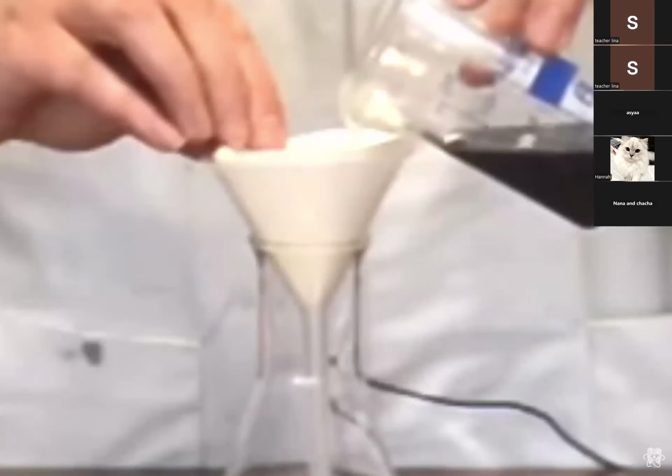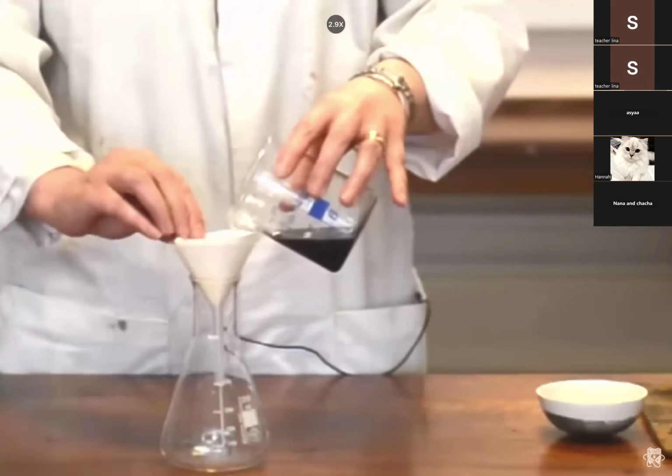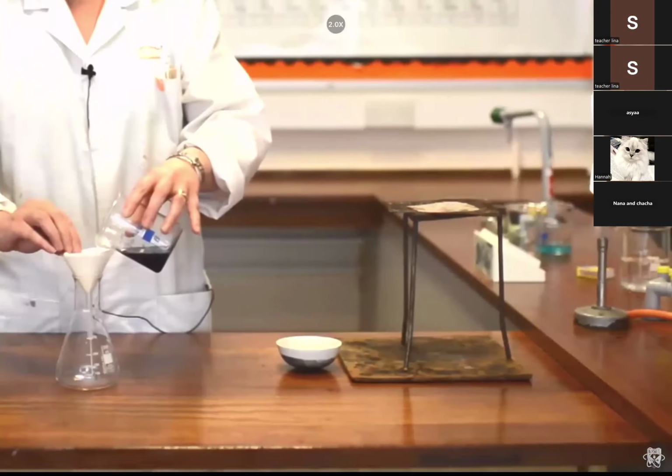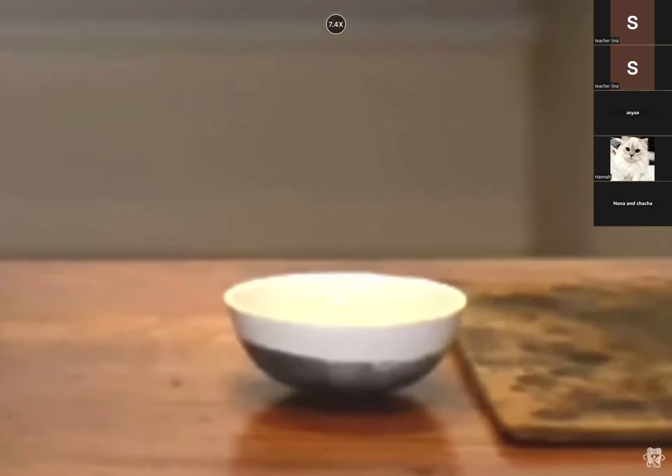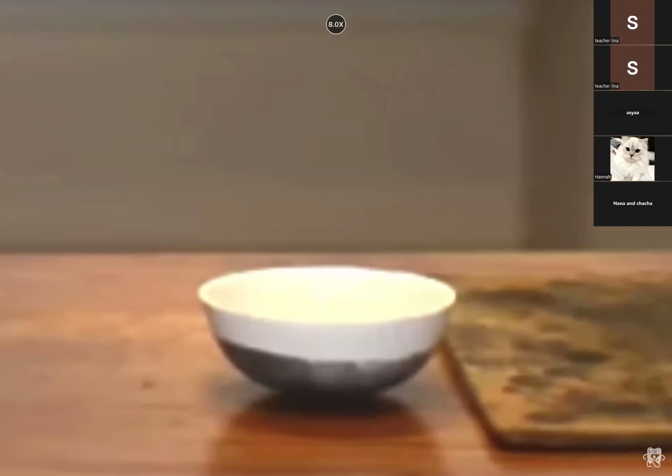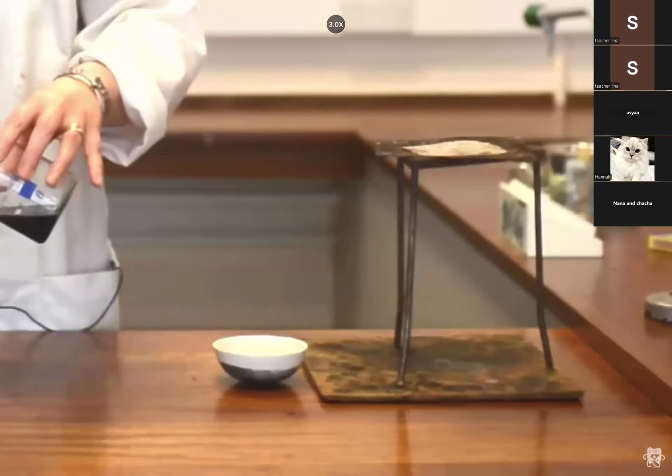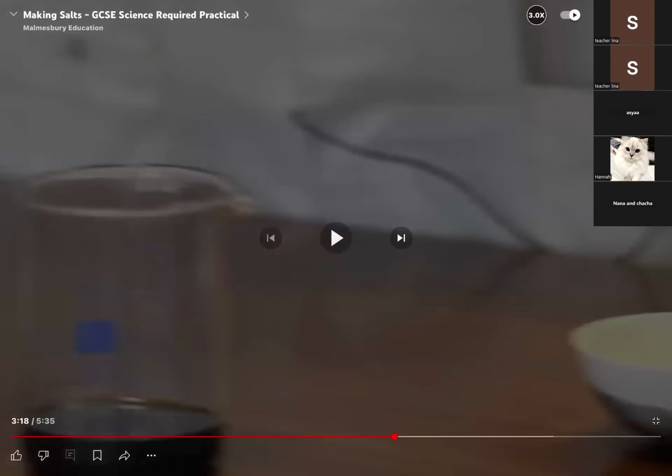The funnel? The funnel is outside. Inside is the filter paper. Okay, good. Chacha, this one is what? The evaporating dish.